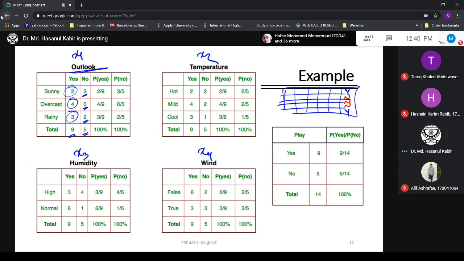Do you understand what we have listed over here? We have simply built what we call the frequency table. From this frequency table we convert into probability values, and once we convert into probability values, we build the probability table.